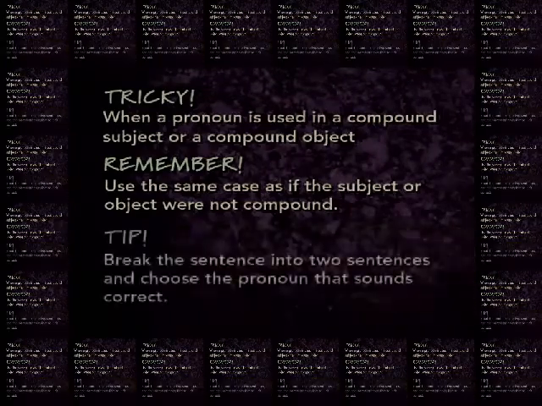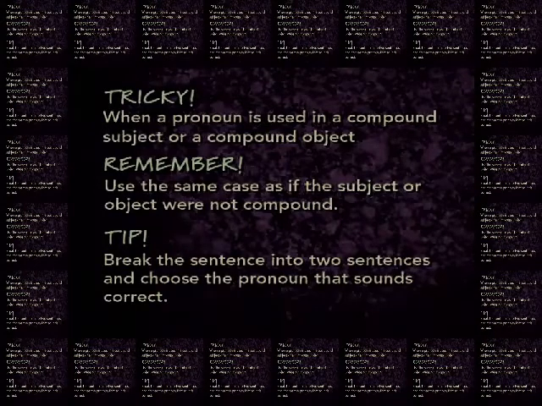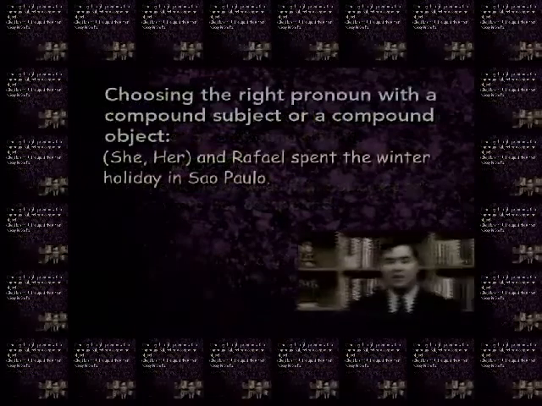So here's a tip. When you've got a compound subject or a compound object and you're not sure what pronoun to use, break the sentence into two sentences with two separate subjects or objects. And that will tell you whether the pronoun should be in the subjective case or the objective case. Or at least it will make it much easier to tell. Here's an example.